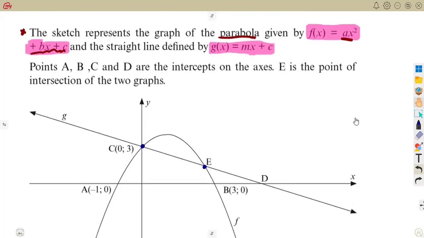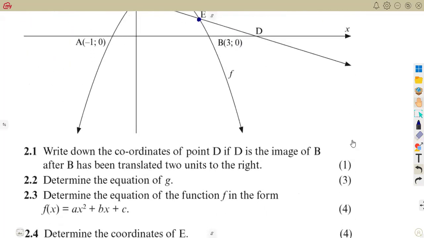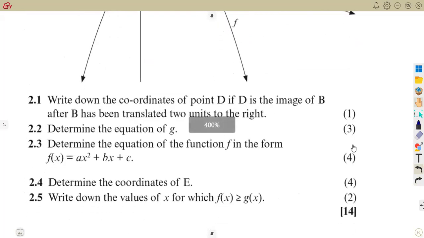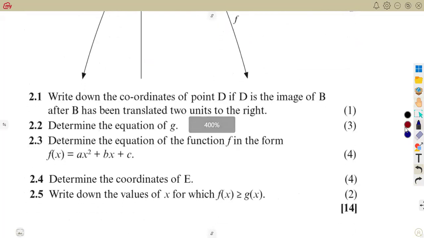So with this information, they are now giving us the questions, which are to determine the coordinates of D if D is the image of B. We need the coordinates of the point D, but they are saying D is the image of B after B has been translated 2 units to the right.